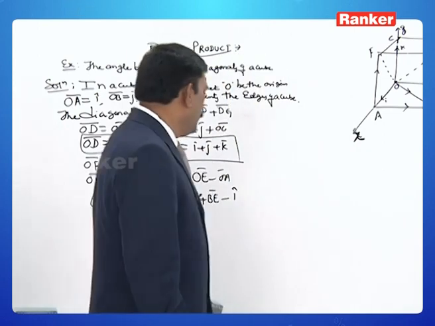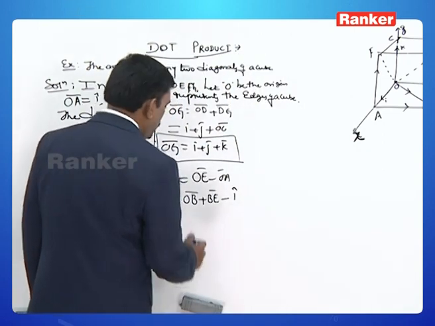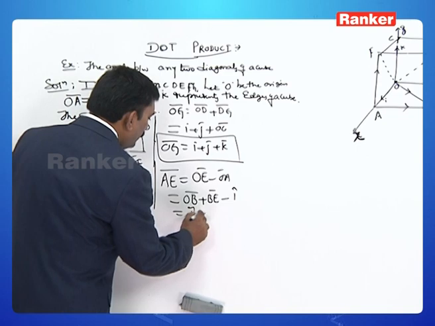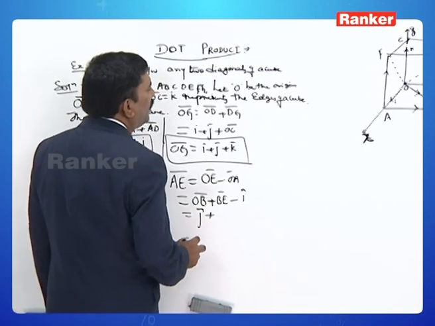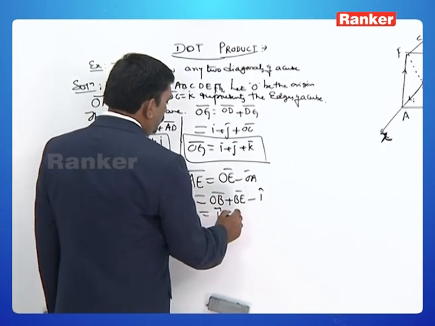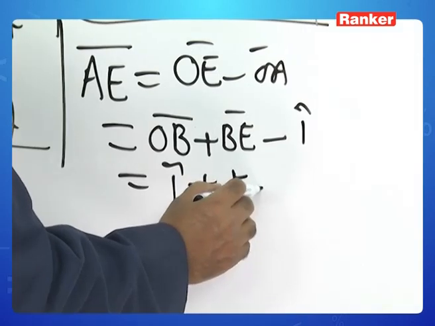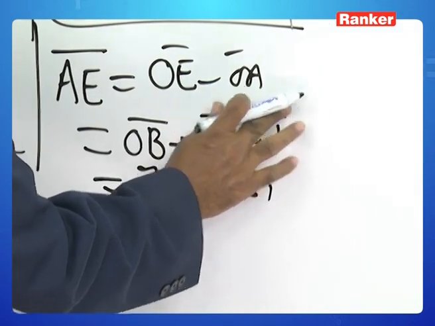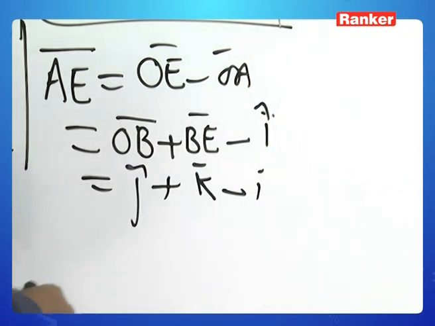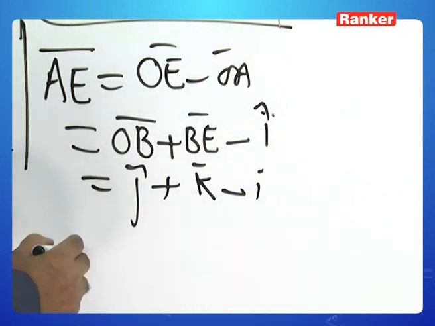So what is OB bar? J. Now BE bar is parallel to K. Therefore, this is nothing but K. So now I got it.